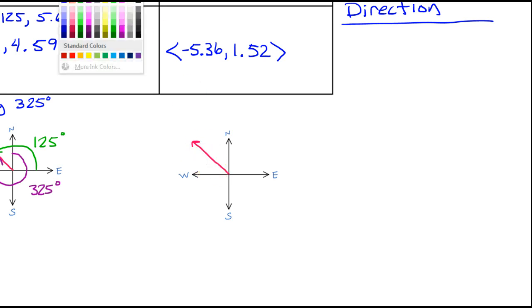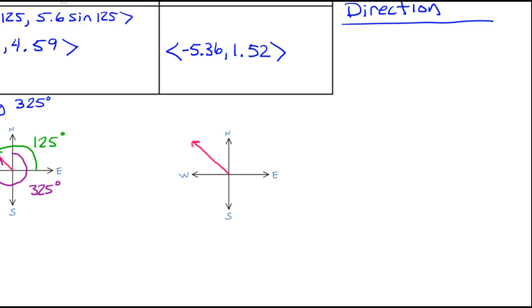And you know what? I think I will go ahead and make a triangle out of this. Okay, because it is left 5.36, the 5.36 goes here. Because it is up 1.52, the 1.52 goes here.